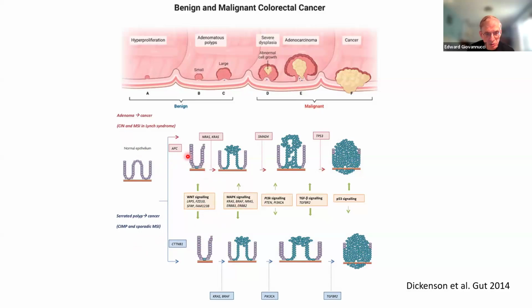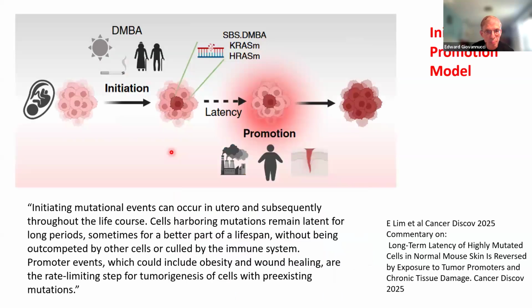Don't worry about the details, but the main point is that they have specific mutations that progress in a preferred order, though not always exactly in this order. So for example, the APC mutation is almost always an early event. So that's one of the first things that happens for colon cancer. So the cancers progress through these stages. That's just the main point.